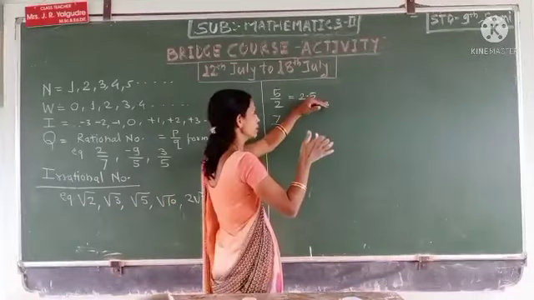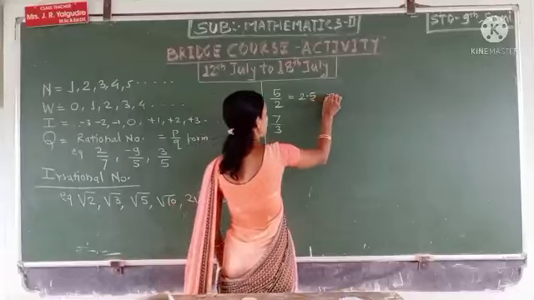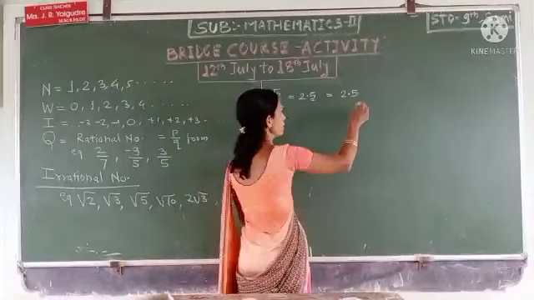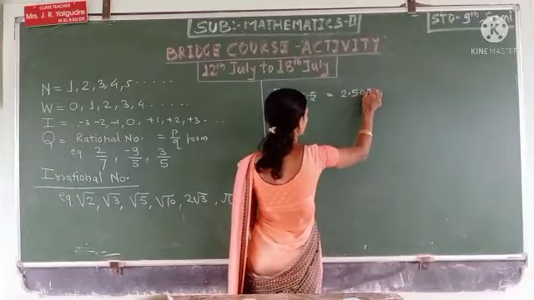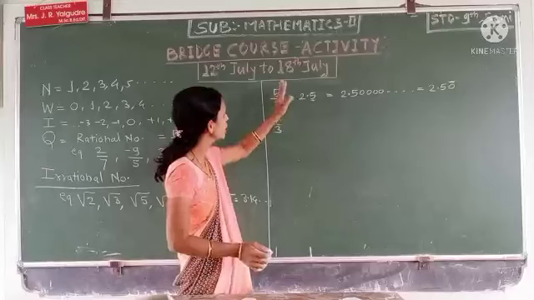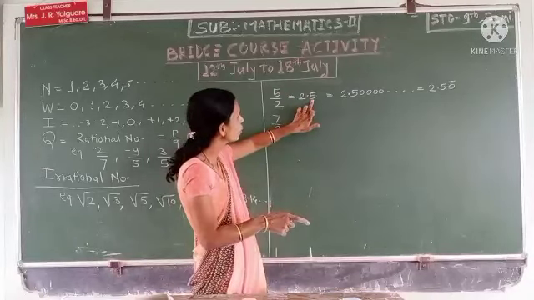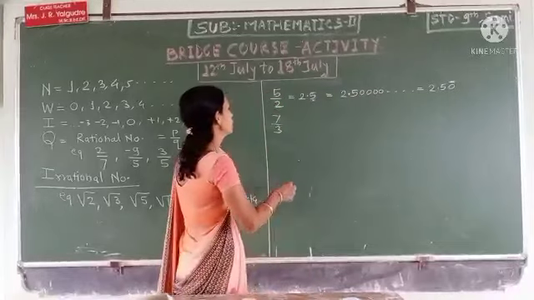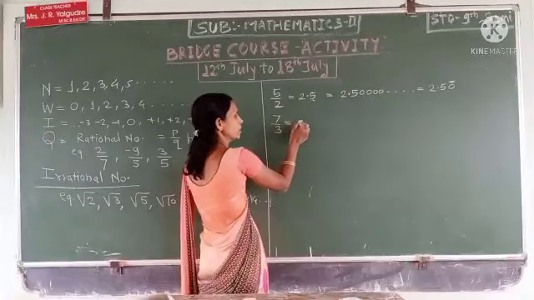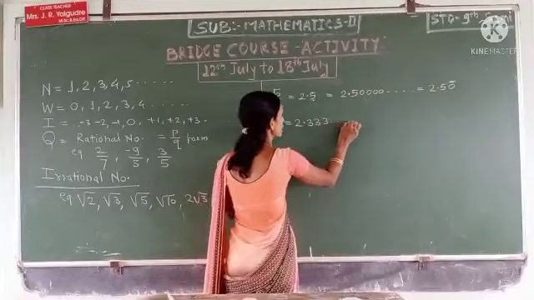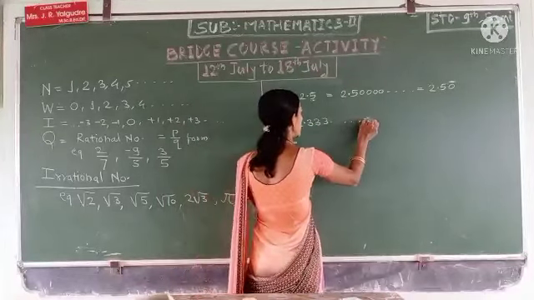We can also write this in non-terminating decimal form, that is 2.5000 and so on. So 5 upon 2 is a rational number, and we can write it in terminating form as well as non-terminating form. And here 7 upon 3, the value is 2.3333 and so on.